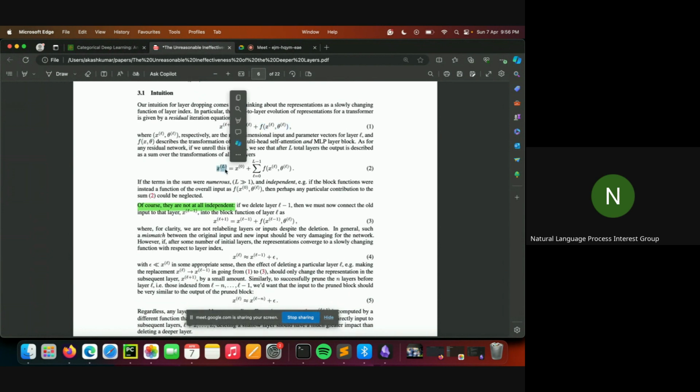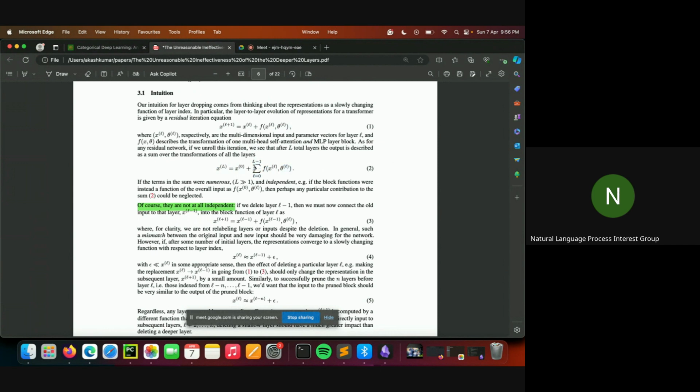X of L is the output that we get, and we can think of the entire thing as the input to the first layer. This X of 0 is the input after getting the embeddings, and a linear sum of the results of all the layers that are there between the input and the output.